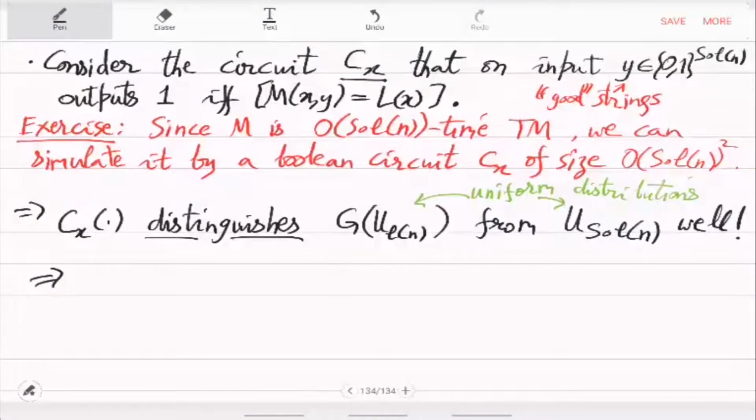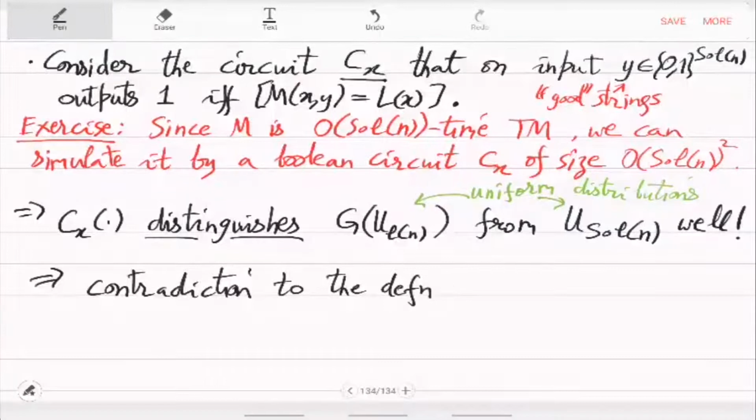So, this contradicts the definition of SPRG G, which means that actually the probability difference is small.